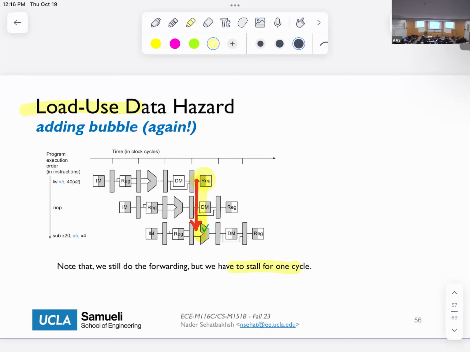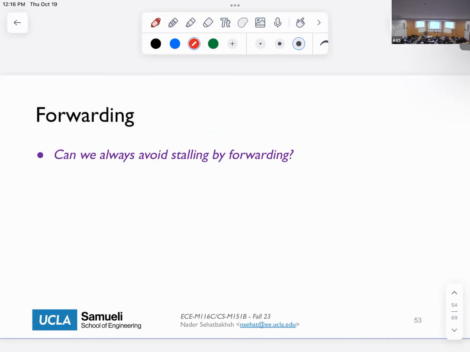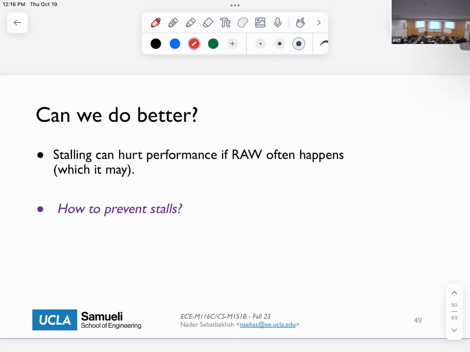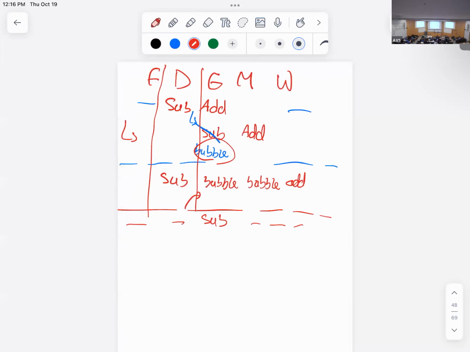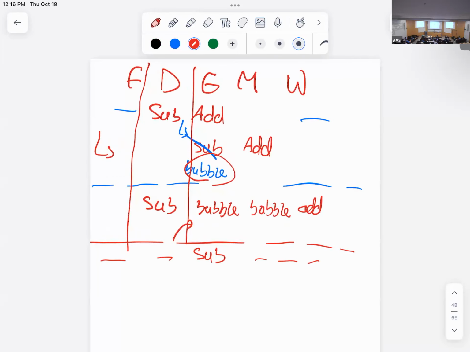If I go back to that example that I gave you, this is kind of the current situation in your pipeline, okay? You have your sub in the decode stage and you have your add in the execution stage, and there will be some other instruction, I don't know, like an X or whatever, the next instruction in the fetch, okay?